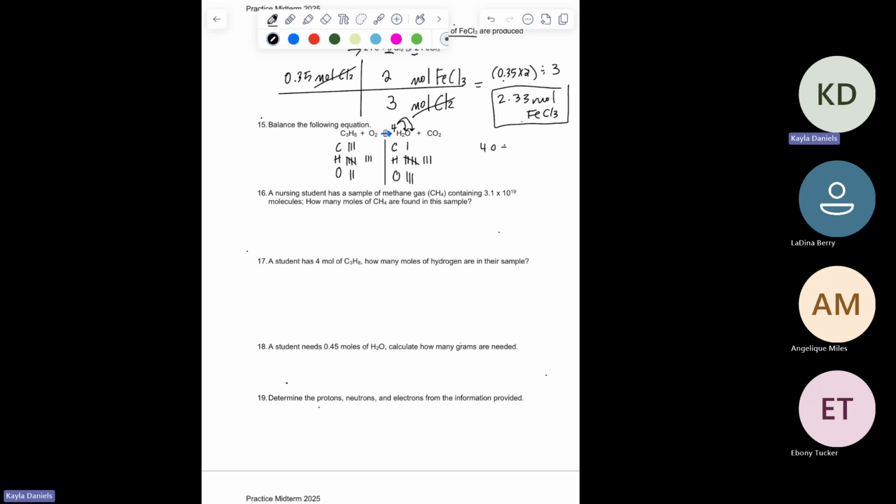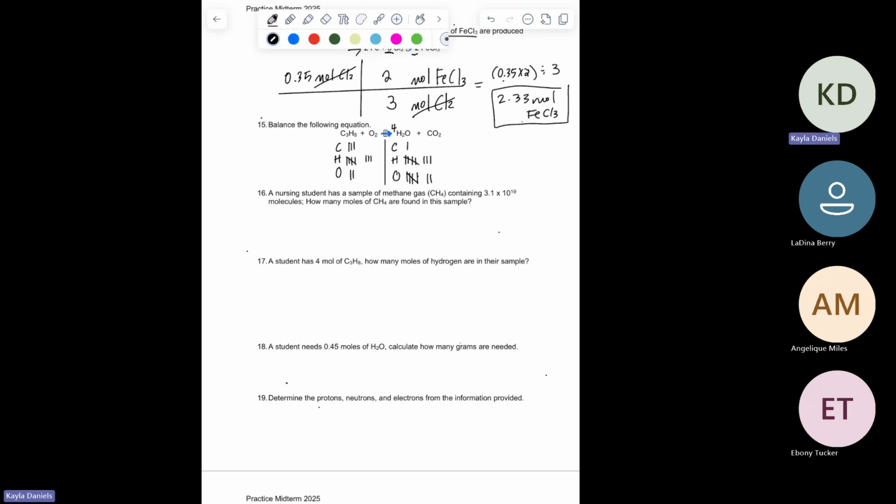I still have my 2 oxygens from the CO2, so that brings me up to 6. Oops, that's not what I want. All right. Now I have my hydrogens balanced.